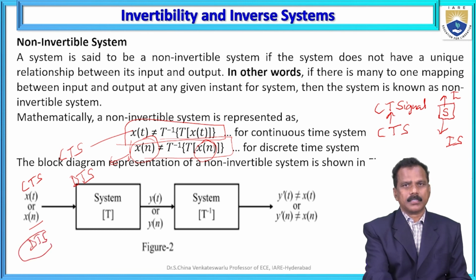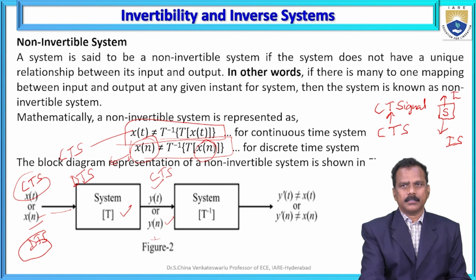Based on this, we consider x of t or x of n given to the system operator T. We expect y of t or y of n, where y of t is for a continuous time system and y of n is for a discrete time system.